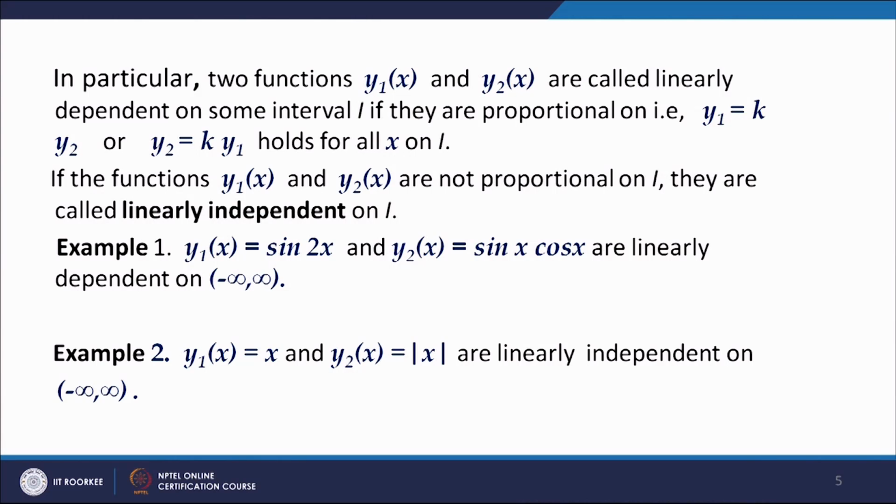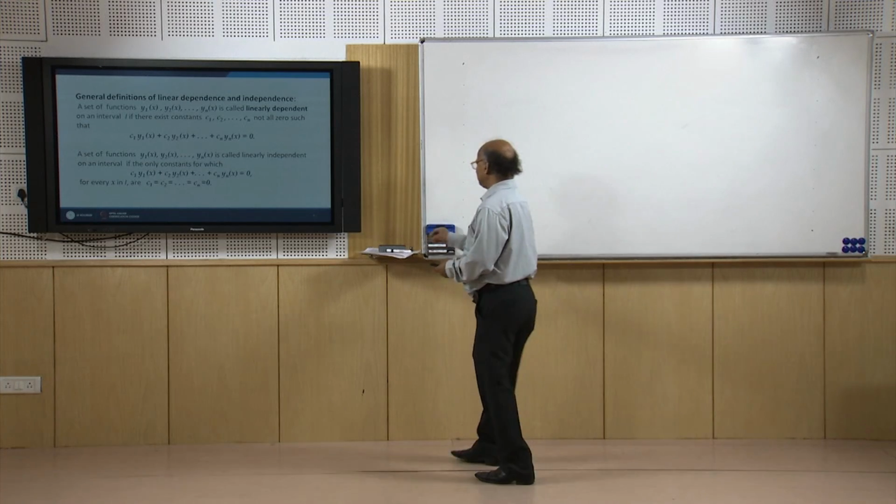In particular, the two functions φ1 and φ2 will be called linearly dependent on some interval I if they are proportional, that is φ1 is k times φ2 or φ2 is equal to k times φ1, because when we take n equal to 2 in this definition, if φ1 and φ2 are linearly dependent, then c1φ1 + c2φ2 will be equal to 0, where c1 and c2 are not both zeros.